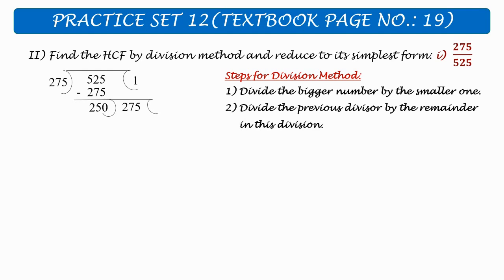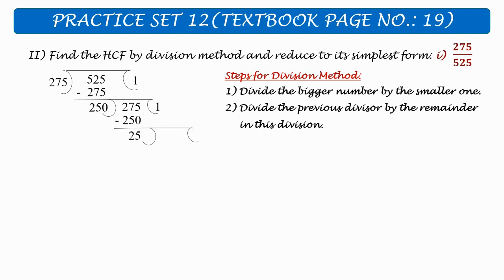So we will be dividing 275 by 250. Now here we know that 250 ones are 250. So 1 we will be writing on the right hand side of 275 and we will be subtracting 250 from 275 and we get the remainder as 25.